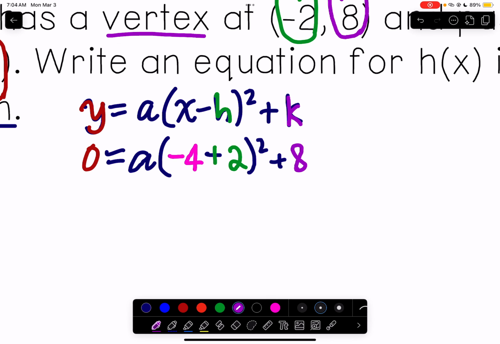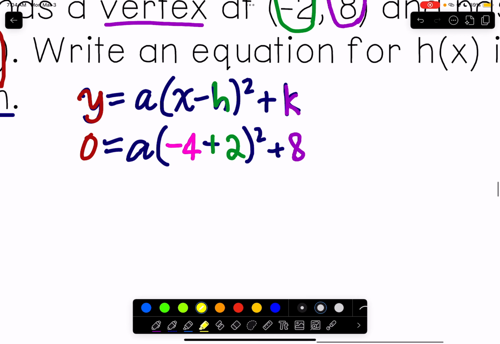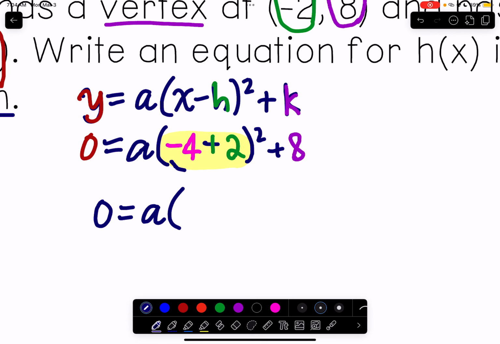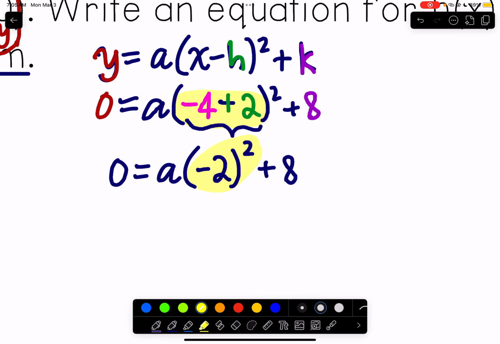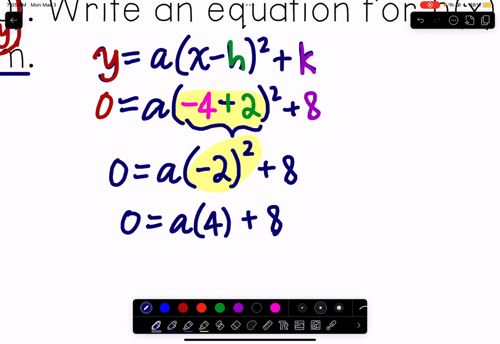Okay, so now just like last time, let's go ahead and solve for a. All right, PEMDAS, parentheses, these are like terms this time. So I'm going to have 0 equals a times this combines to make -2, still squared, plus 8. Now, exponents. I'm going to square this. So 0 equals a times -2 squared is positive 4, plus 8.